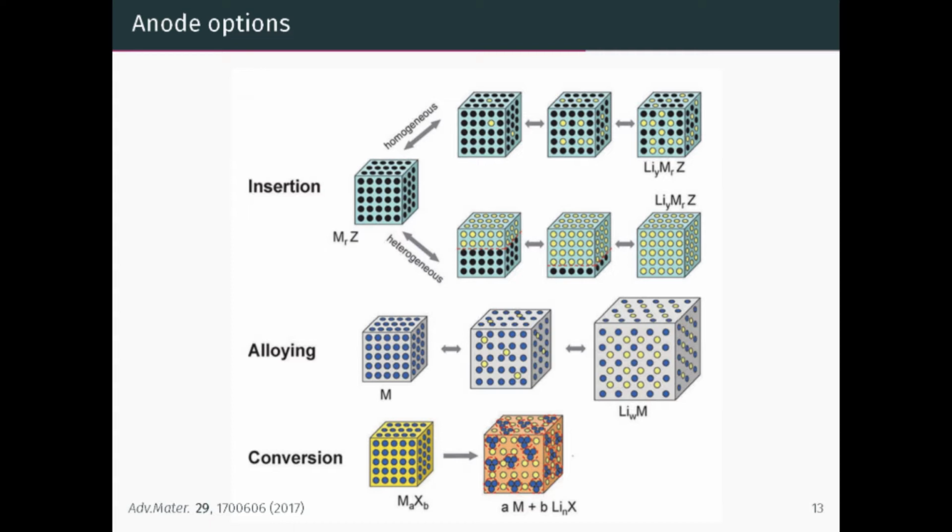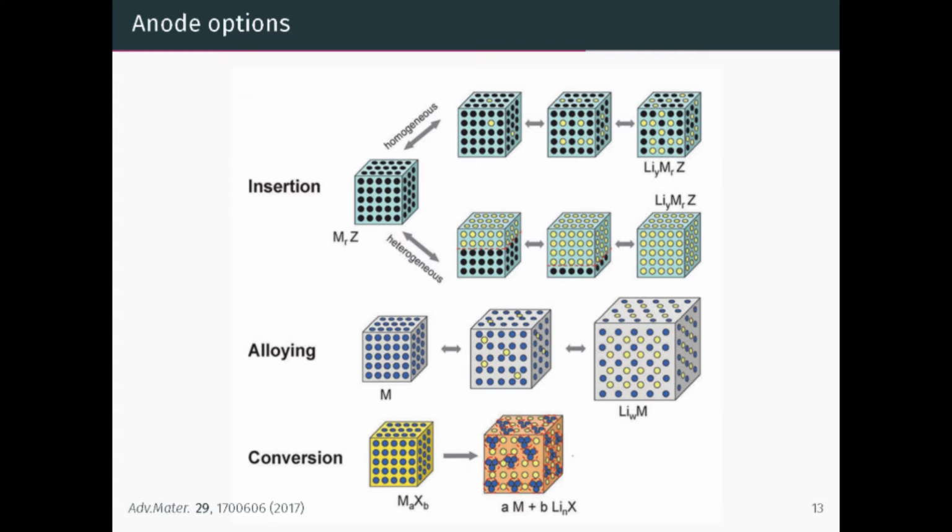Or you could have one of these alloying or conversion reactions, which actually change the crystal structure as you start cycling your battery. So as you start adding sodium into your battery, you're changing the structure at the anode, but these are all stable structures that go through phase transitions as you're cycling your battery.